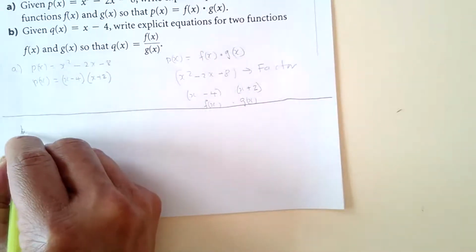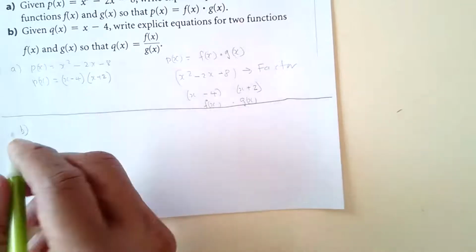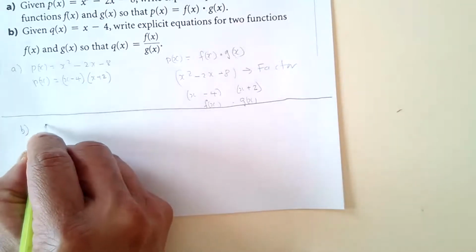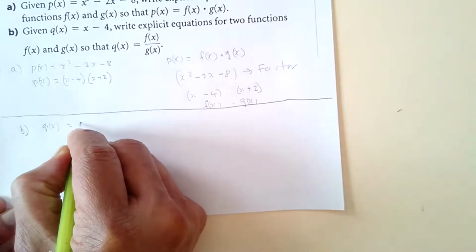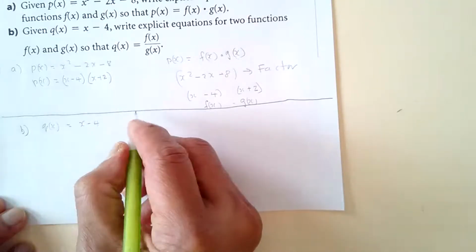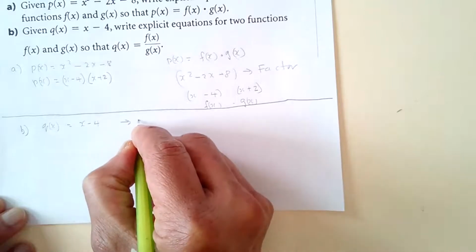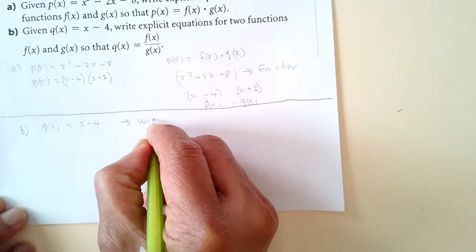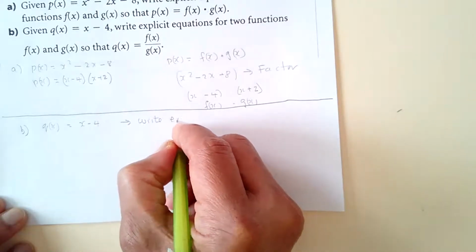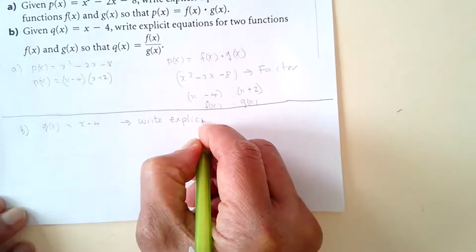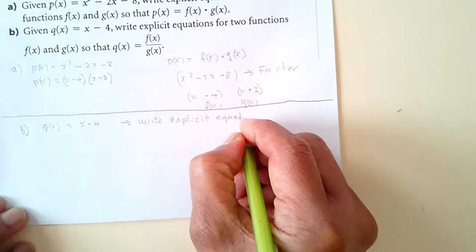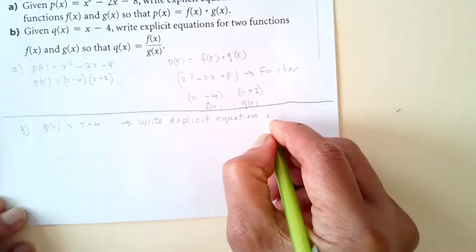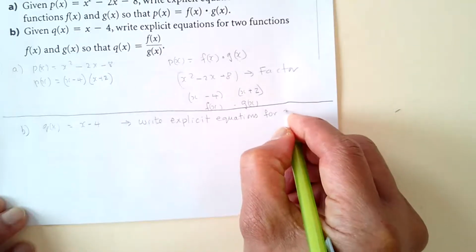So let's go to the next one here. We have b. So q of x is equal to x minus 4. And we're asked to write explicit equations for two functions.